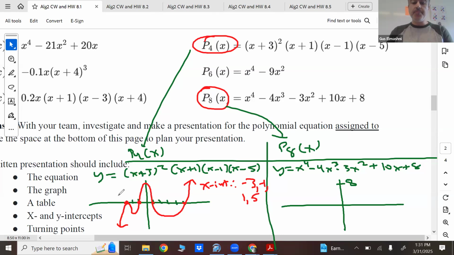Tell me how many there are. You can use that or use your intercepts for a table. Yeah, 100%. Yep.